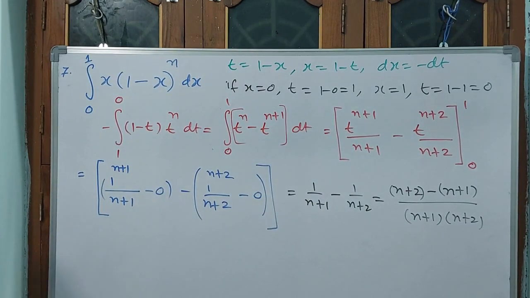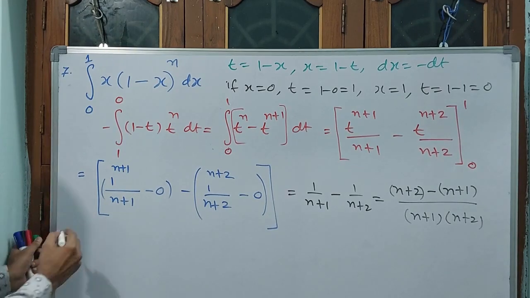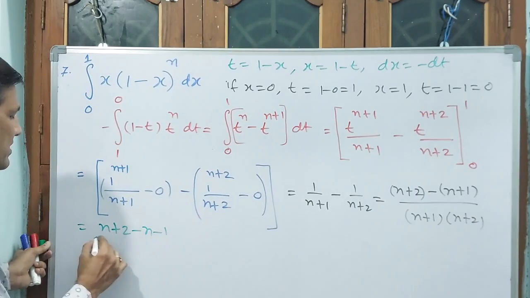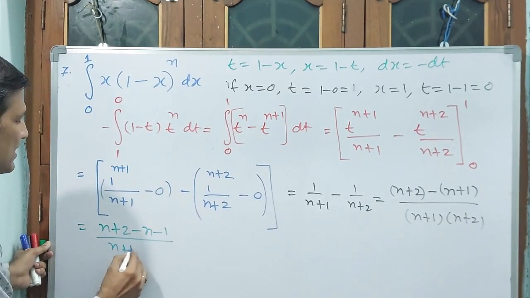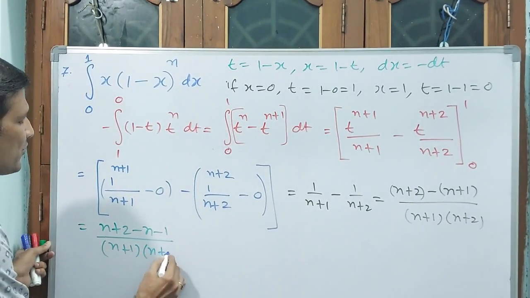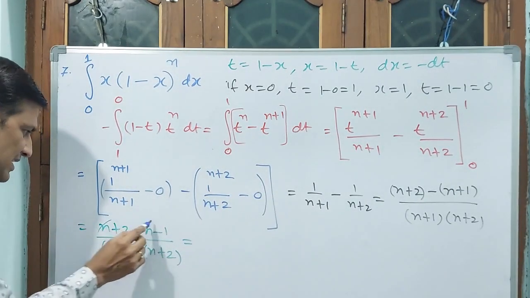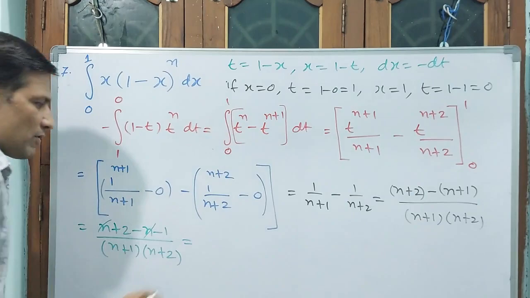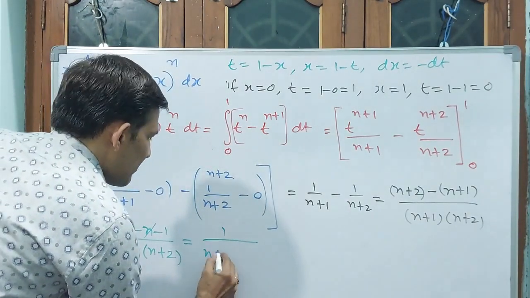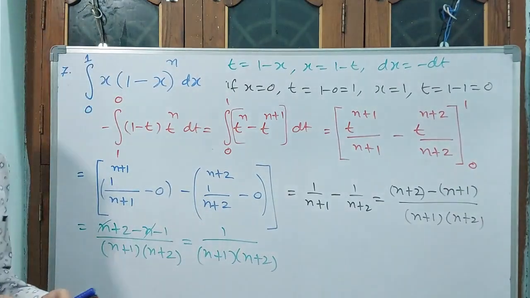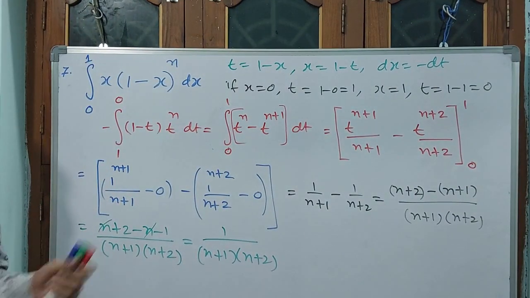If you open the bracket there, n plus 2 minus n minus 1 divided by n plus 1 into n plus 2. See, n is going to get cancelled. 2 minus 1 is 1. 1 divided by n plus 1 into n plus 2. This will be the final answer for your 7th question.